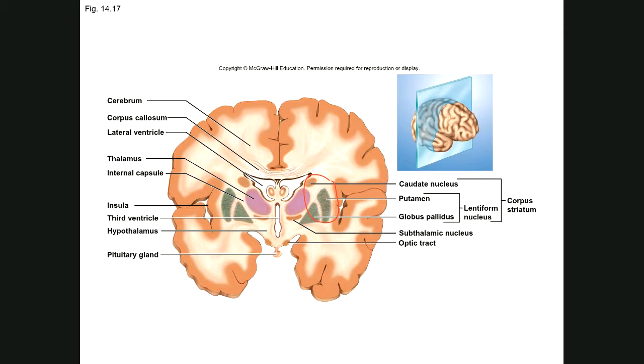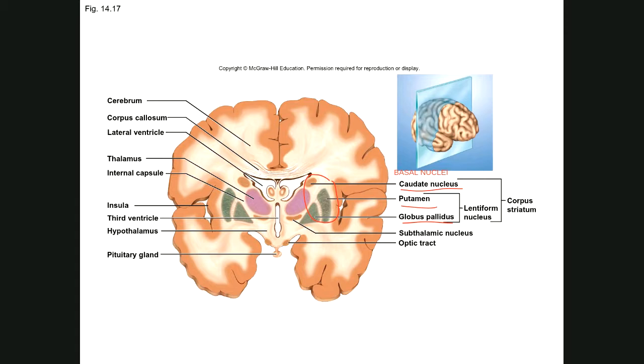Those represent the structures that make up here the basal nuclei: the caudate nucleus, putamen, and the globus pallidus. So let me write that word down as well. Basal nuclei.